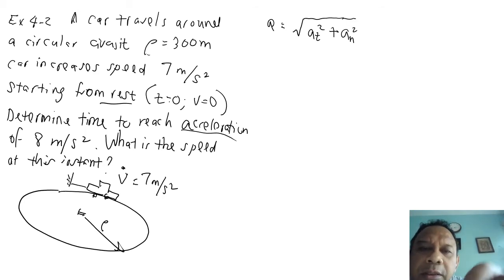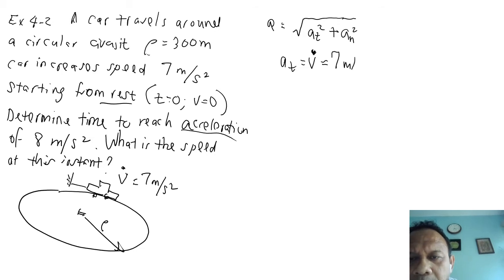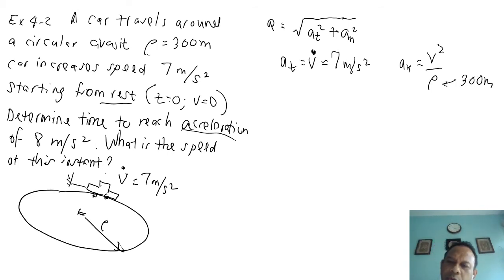We know that the tangential acceleration at equals v dot, which is already given to us as 7 meter per second square. And the normal acceleration an equals v square over rho. Rho is given to us as 300. We don't know what v is.